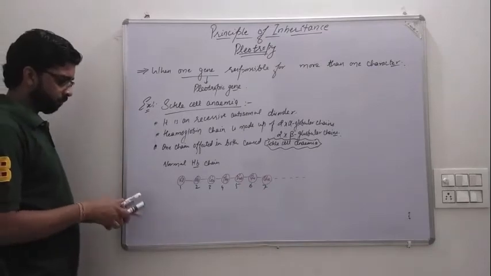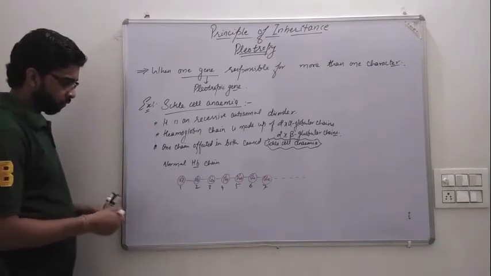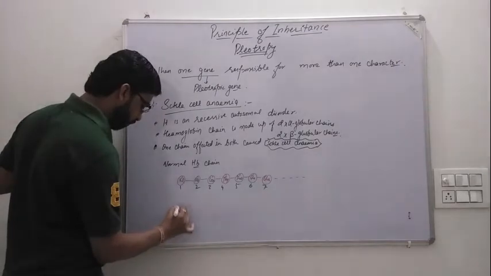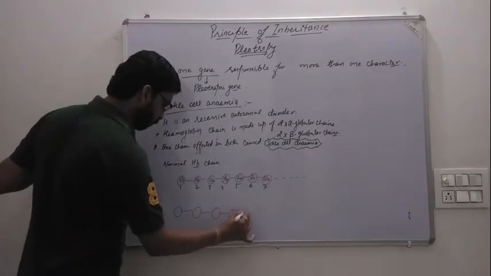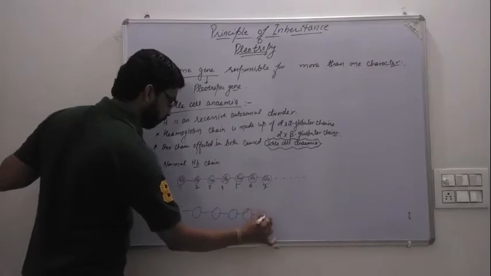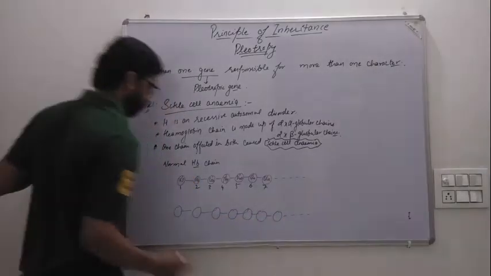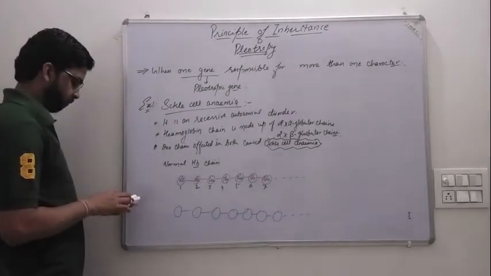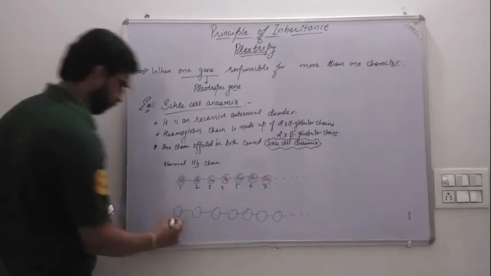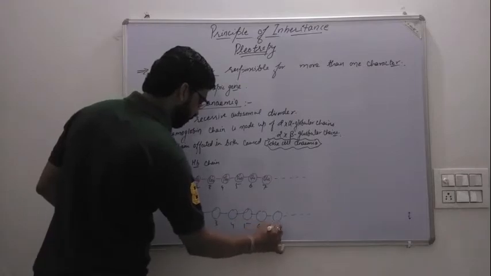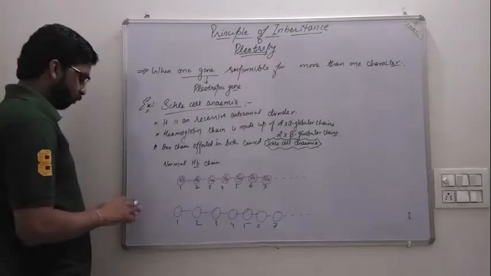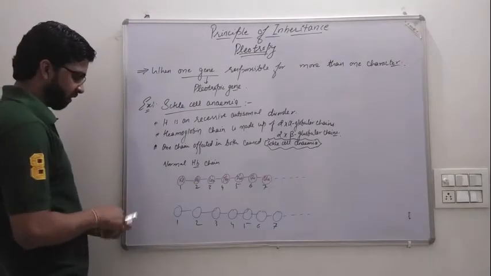1, 2, 3, 4, 5, 6, 7. All the base pairs are similar here.